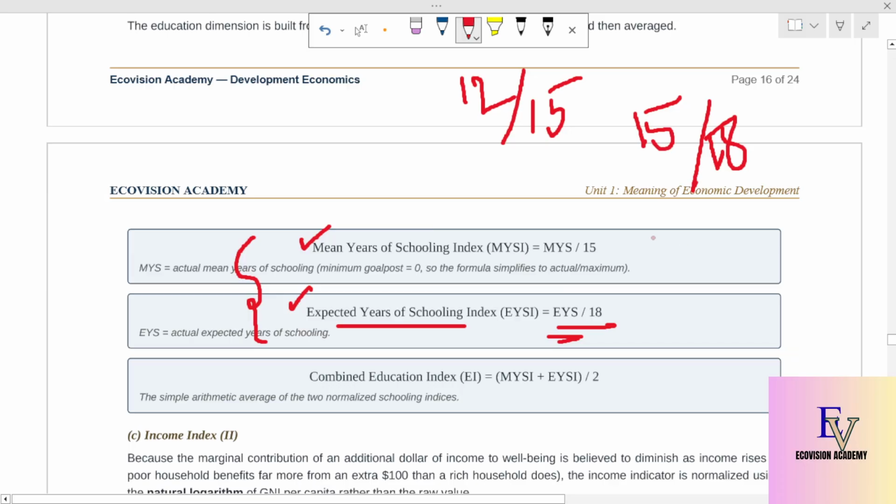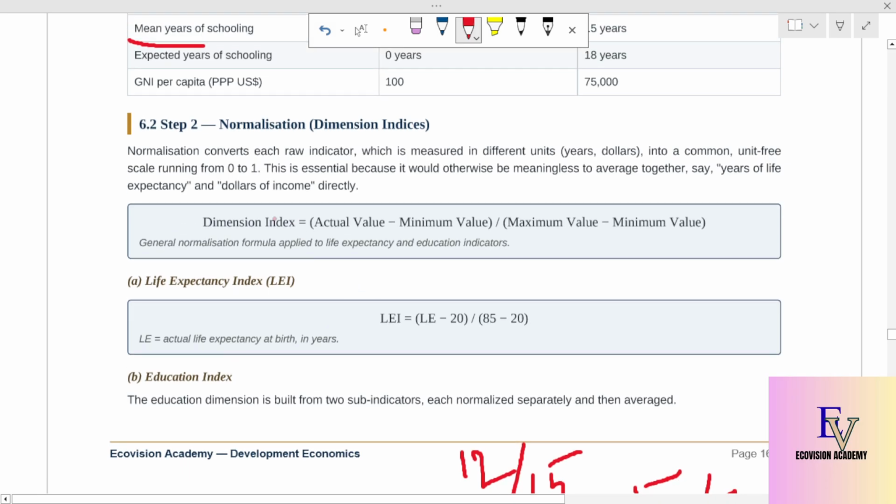So what I will do, after dividing mean years of schooling by 15, I will get a figure, suppose A, and after dividing expected years of schooling by 18, I will get a figure, suppose B. Then I will make a combined education index and it will be (A plus B) by 2. Okay. So in case of years of schooling, for the educational indices, I do not have to go for actual value minus minimum value divided by maximum value minus minimum value.